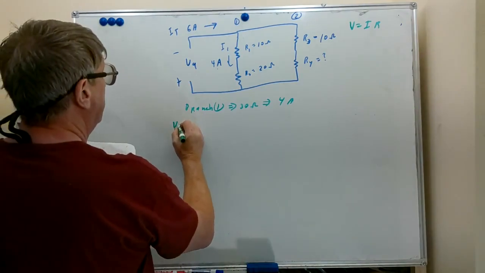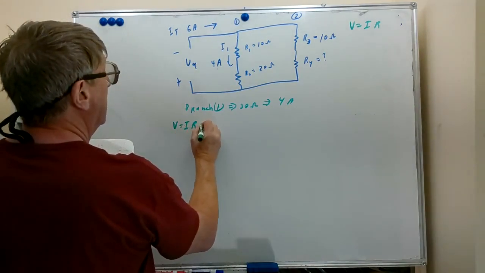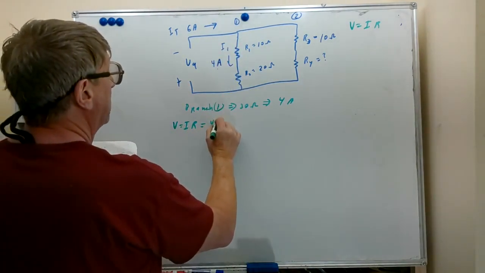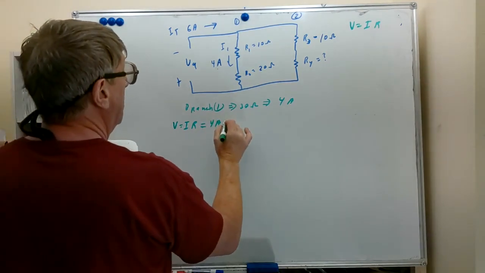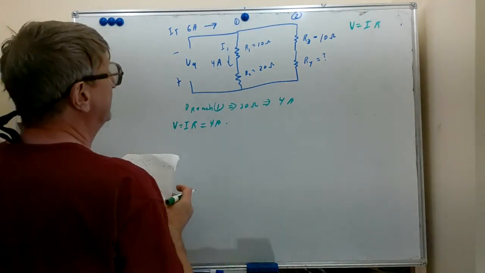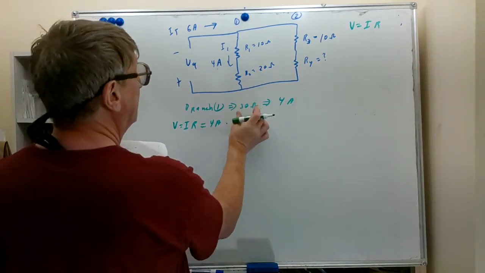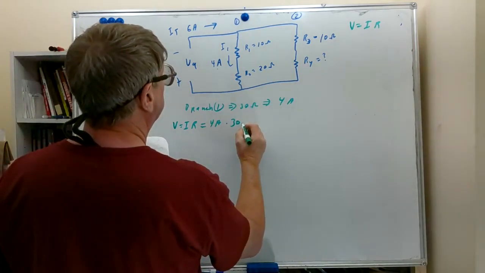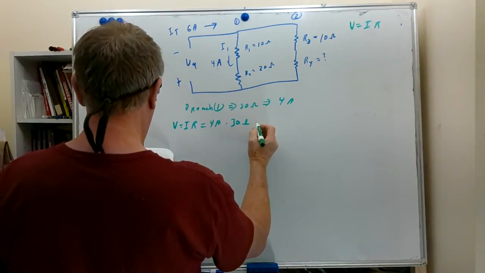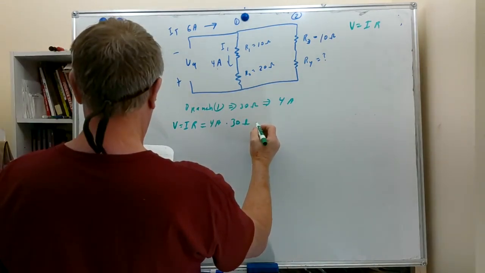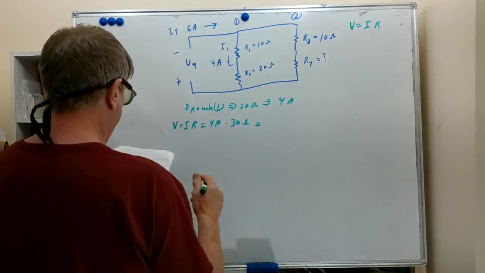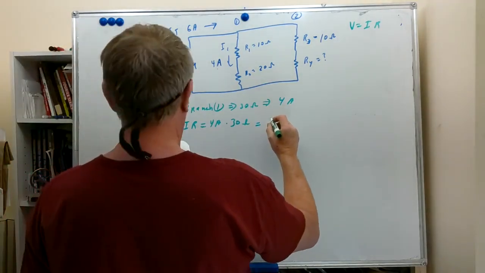We're going to go V equals IR, and our I is 4 amps. We're going to multiply that, use the dot here, times our total resistance, which was 30 ohms. And that gave us 120 volts.